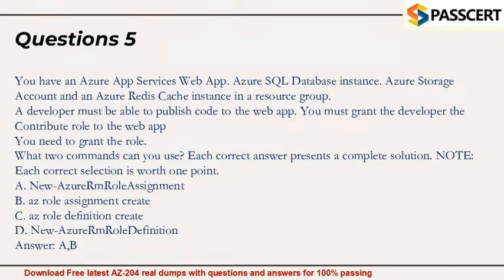What two commands can you use? Each correct answer presents a complete solution. Note: each correct selection is worth 1 point. A. New-AzRoleAssignment. B. az role assignment create. C. az role definition create. D. New-AzRoleDefinition. Answer: A, B.